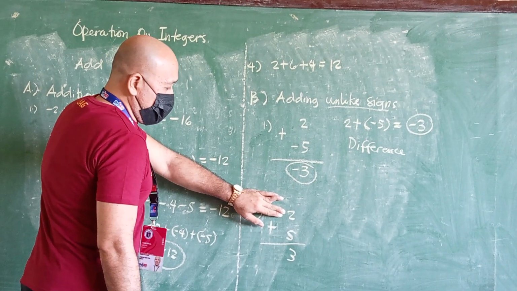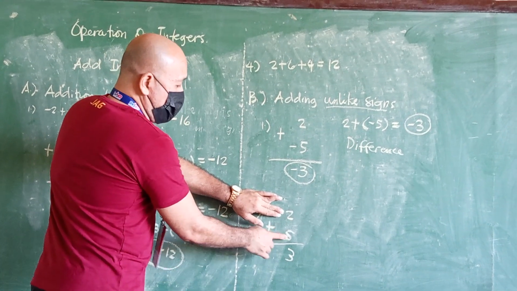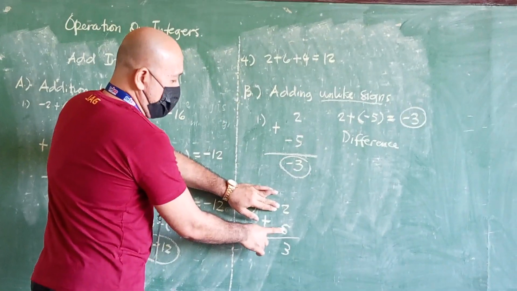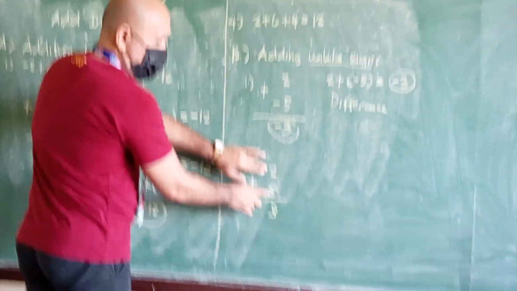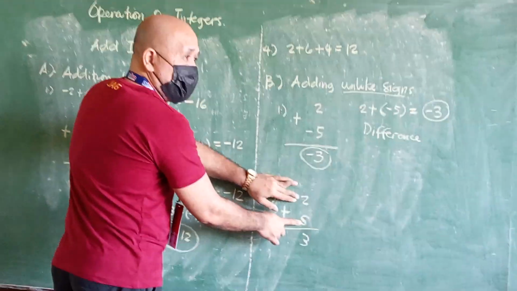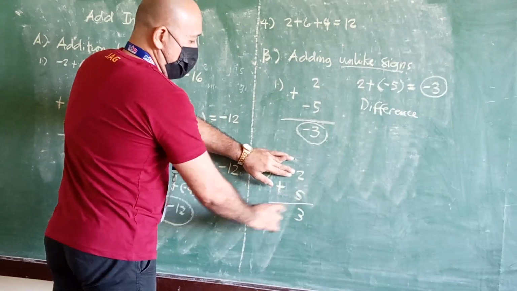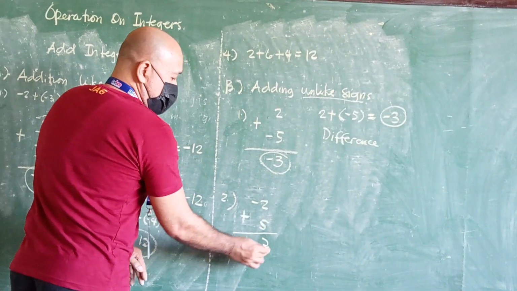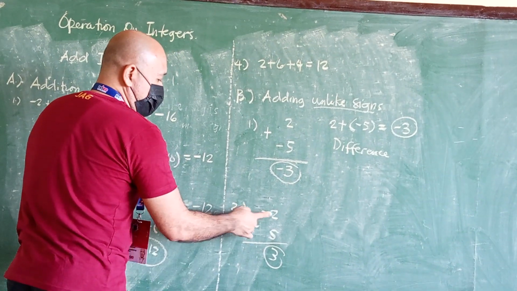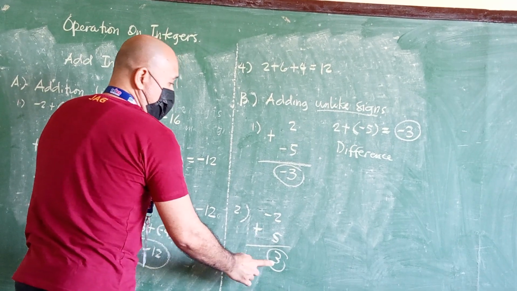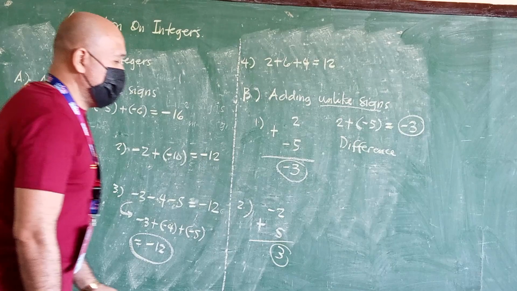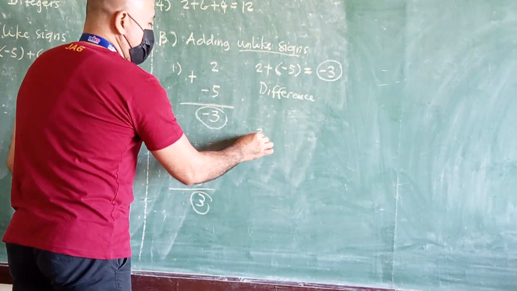Then compare the two integers now. Which one has the bigger absolute value? The bigger absolute value here is 5. Since 5 is positive, your answer is positive. So when you add negative 2 plus positive 5, the answer is positive 3. Okay, one last example for this.